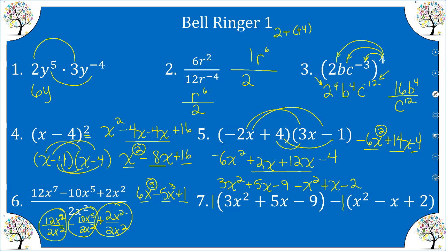Now I don't have parentheses, so I can combine like terms. Let's combine our quadratic terms to get 2x squared, and then our linear terms to give us plus 6x, and then our constants gives us minus 11. I have another quadratic trinomial.